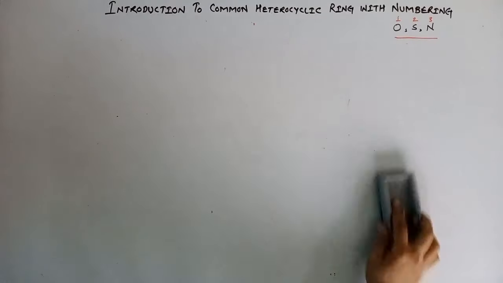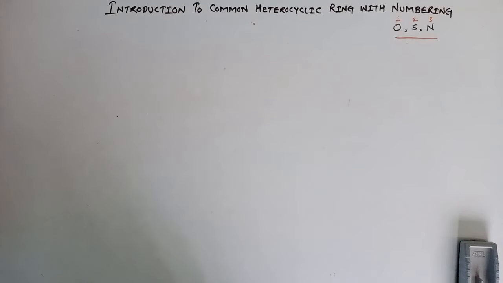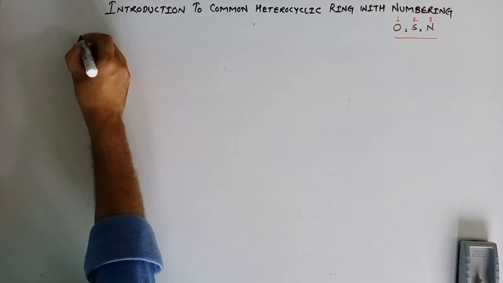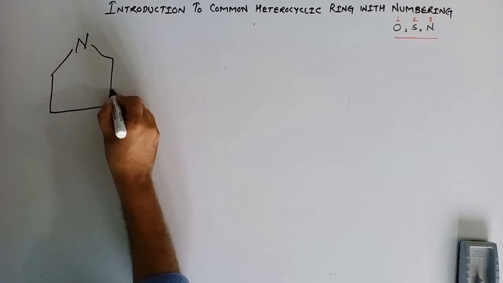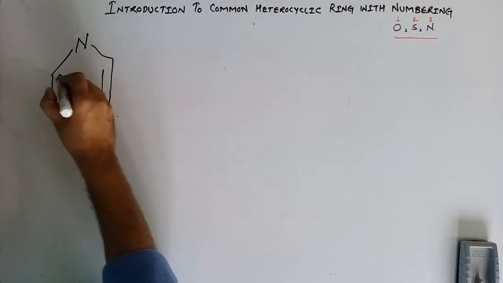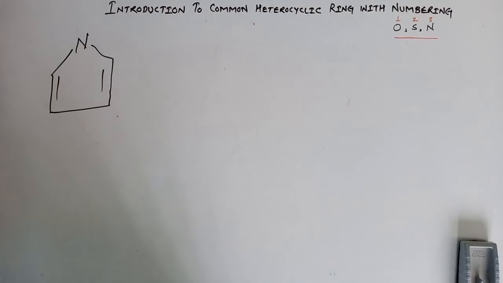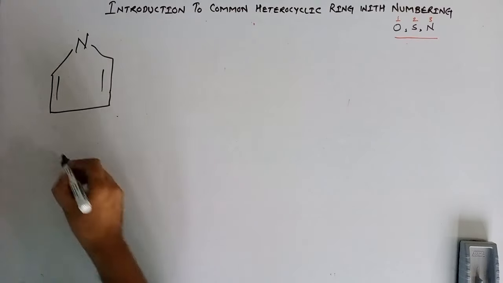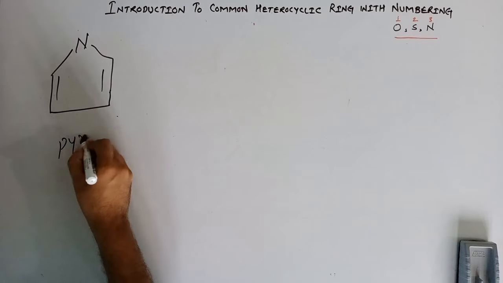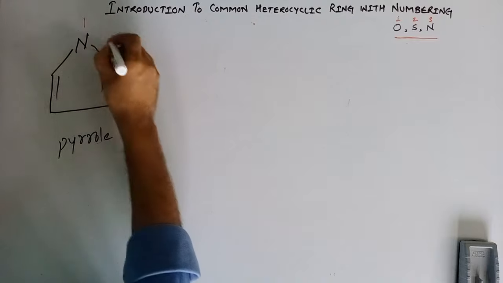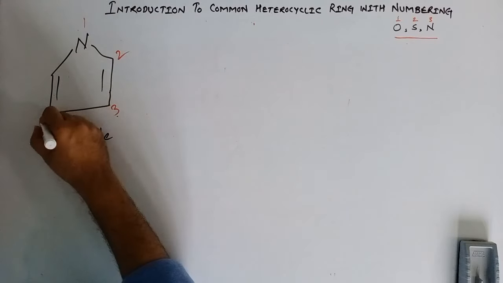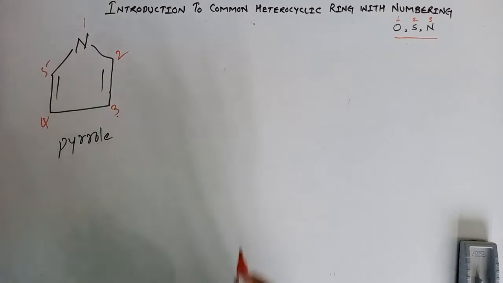Nitrogen containing, the last one. The first ring of nitrogen containing five-membered rings is like this. This is known by the name pyrrole, and the numbering begins with nitrogen: 1, 2, 3, 4 and 5.